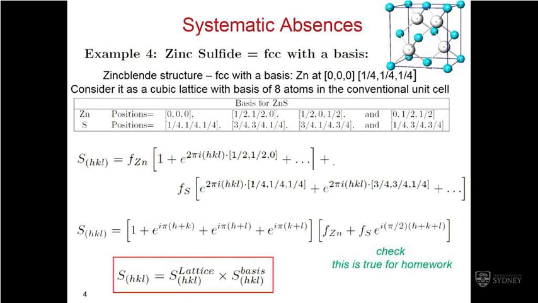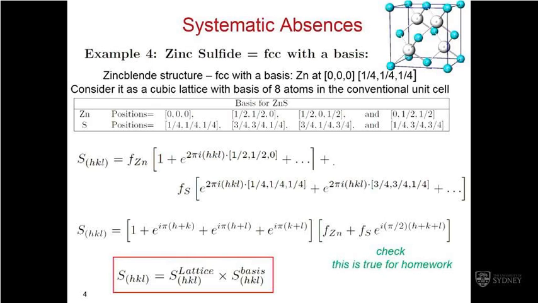Then you do some working, just algebra, and what you find is you can pull out this factor in front of this. Okay, so it's a little bit messy, but you find you can pull this out, separate it into two kind of expressions.